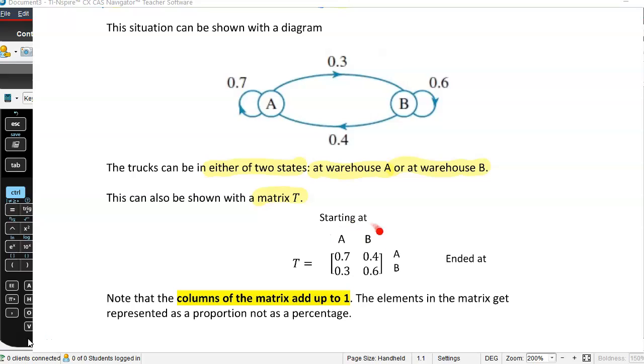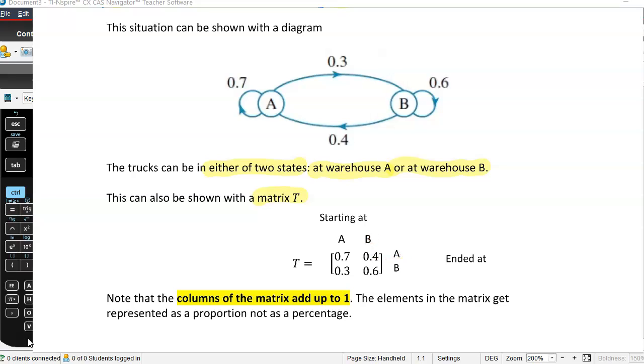So you can see I've got the starting at A or B and ending at A or B. So 70%, 0.7, that start at A, end at A, and 30% or 0.3 that started at A, end at B. You can see also that 40%, 0.4 that started at B will end up at A the next night.